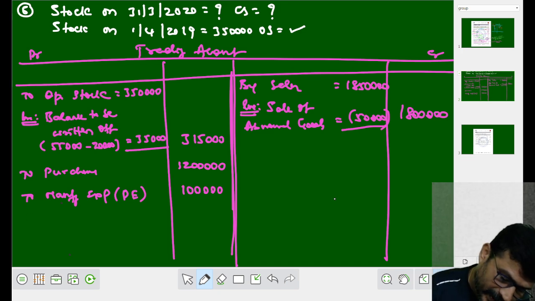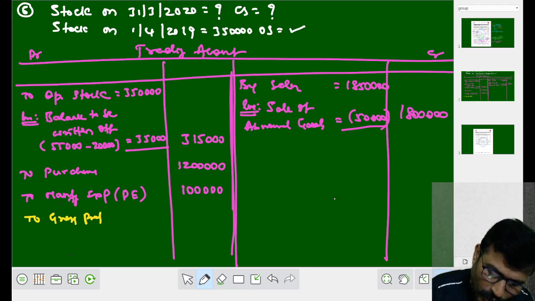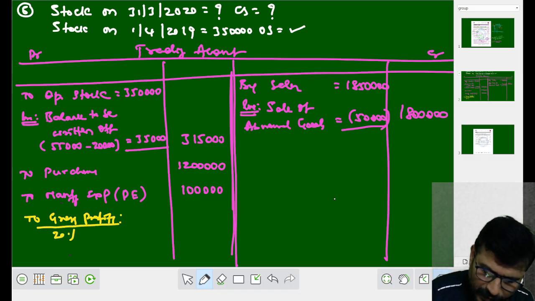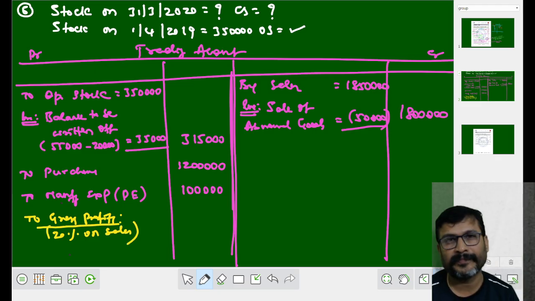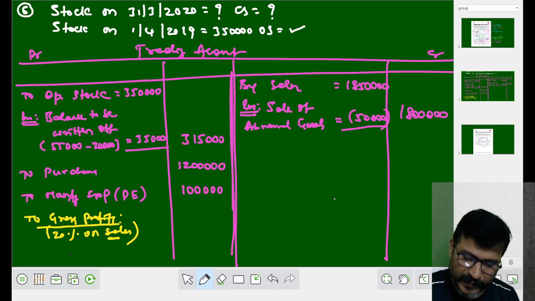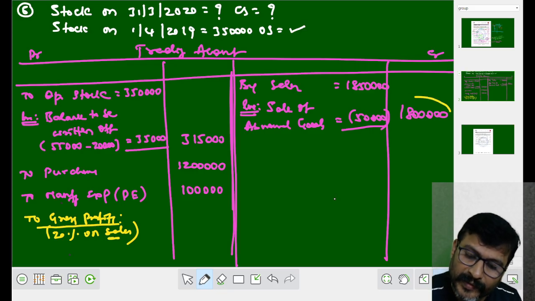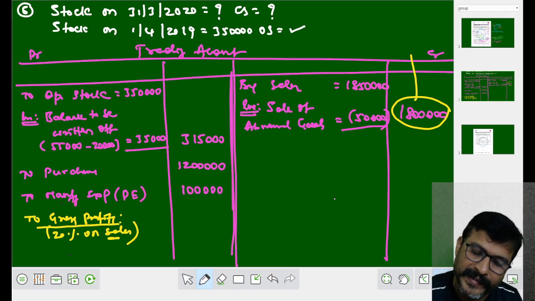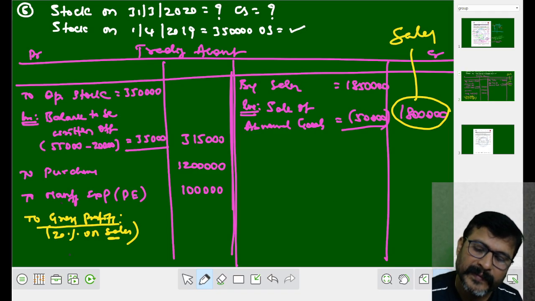So now let us write to gross profit. How much, my dear children? It is 20% on sales. You know sales. This 18 lakh is your sales.